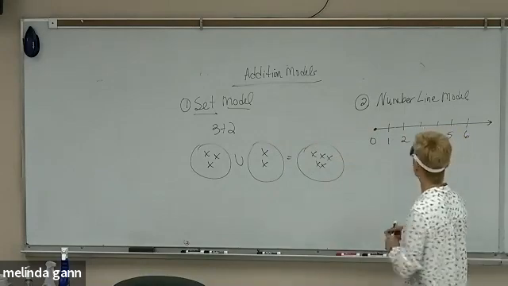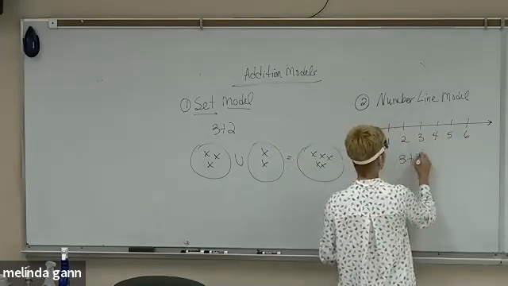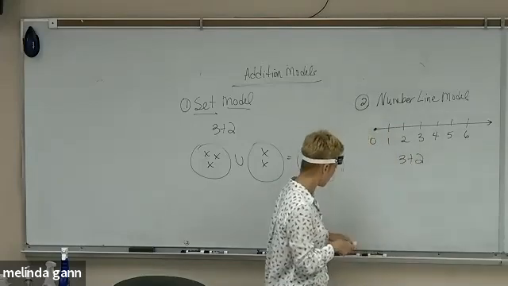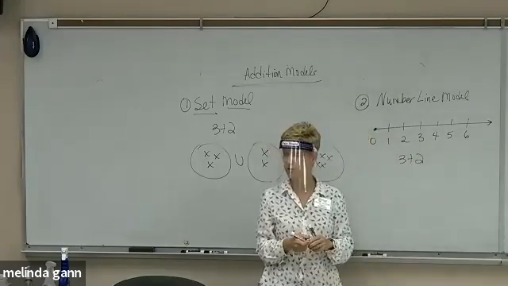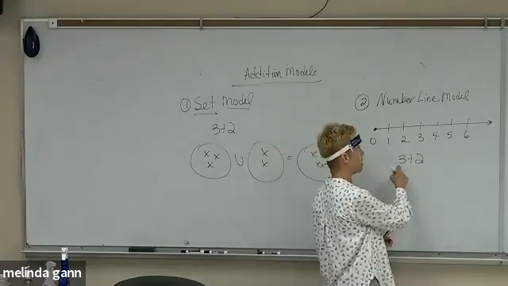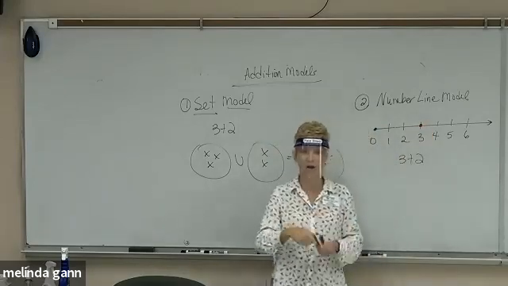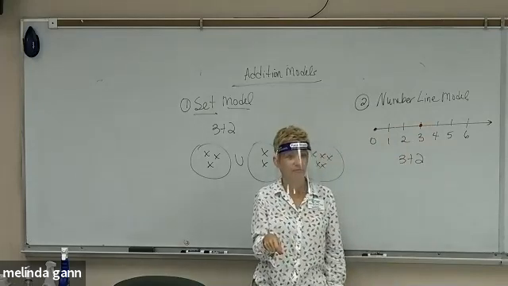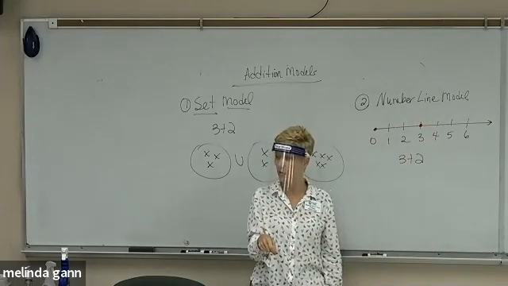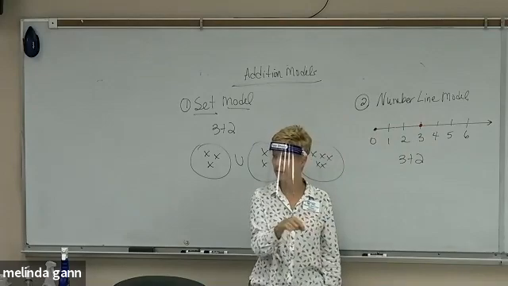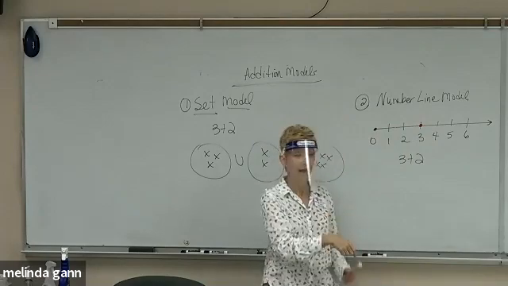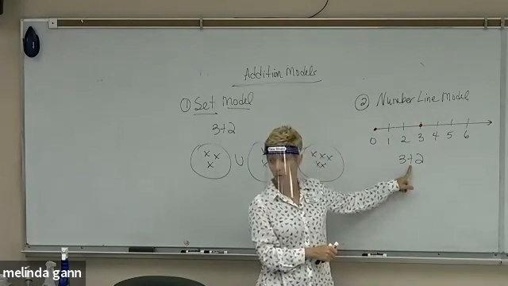Now what happens is, if you're going to illustrate 3 plus 2 on the number line, this first number tells you where you start. So where am I going to start? On what number? 3. So they got their car. They're ready. Now when you're adding, which direction are you going to move? To the right or to the left? To the right. And this plus tells you to move to the right.